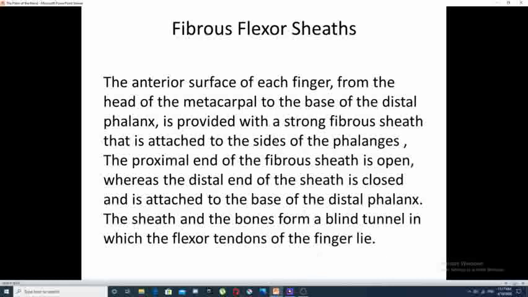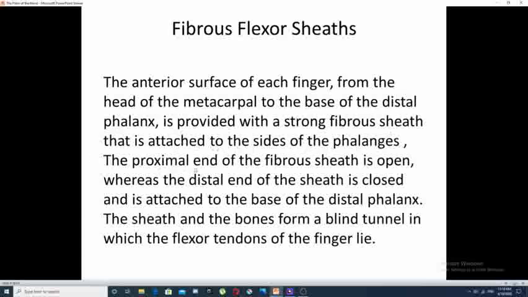Fibrous flexor sheath: the anterior surface of each finger from the head of the metacarpal bone to the base of the distal phalanx is provided by a strong fibrous sheath called the fibrous flexor sheath, which attaches to the sides of the phalanges.